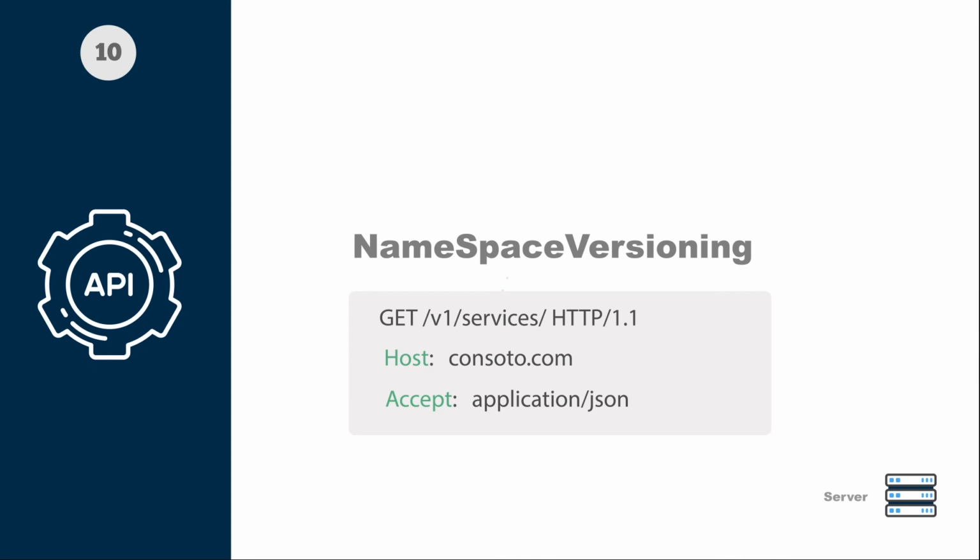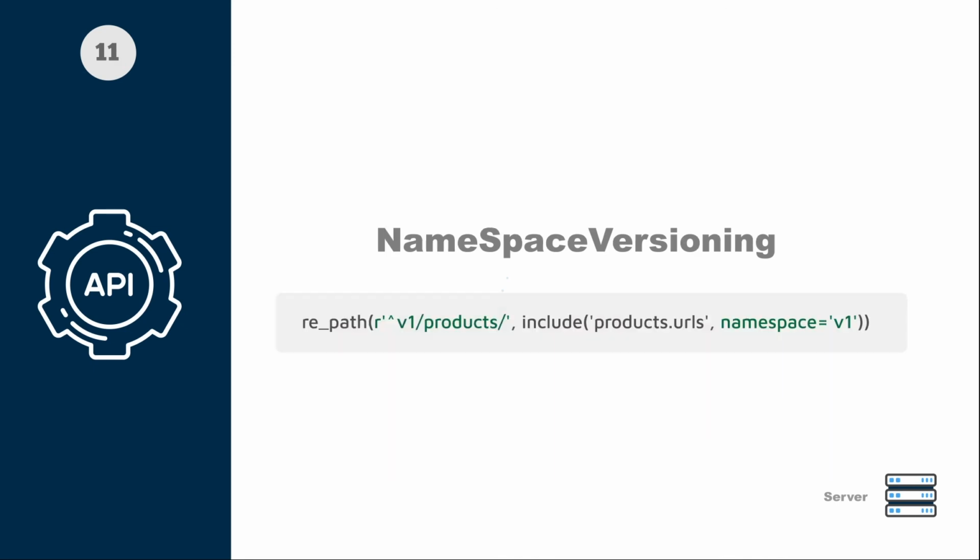Okay, let's quickly go at it. As you can see here, we have the namespace. We pass the instance namespace on the URL configuration. So the v1 is the namespace that identifies this URL as a unique URL in the URL configuration package. When Django runs, it first runs all the configuration, the URL configuration, and within the URL configuration we can have the URL names, we can have the URL namespace.